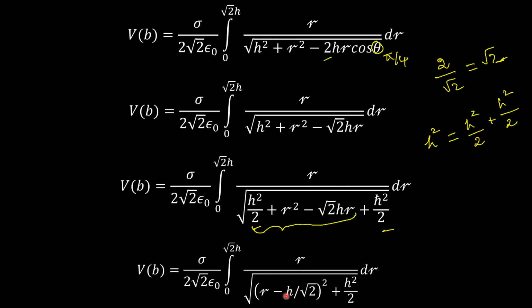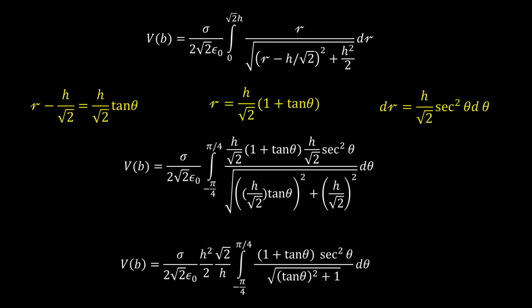Here a is script r and b is h divided by square root 2, so you will get square root 2 h script r. So I have rewritten this as script r minus h divided by square root of 2, whole squared, plus h squared divided by 2. So V of P is this one, we got it.